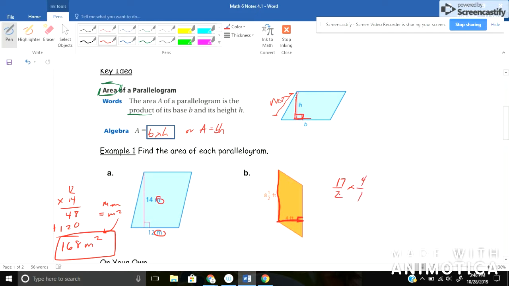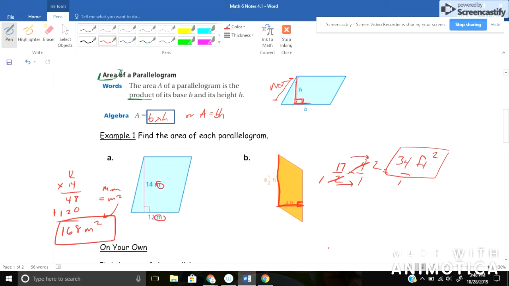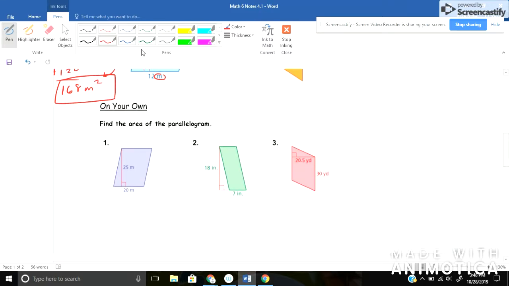I can simplify: divide each of these by 2, and I get 1 and 2. Then multiply across. I have 1 on the bottom, and 17 times 2 on top gives me 34. 34 over 1 is 34, and my label will be feet squared, again because I'm taking feet times feet. Go ahead and pause the video and try 1, 2, and 3 on your own.